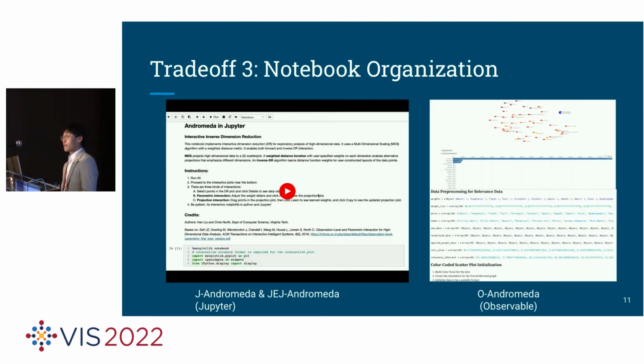The third trade-off is notebook organization. For Observable, notebook cells can be arranged in any order due to its reactive characteristics. However, in Jupyter, if a user wants to show the visualizations at the beginning of the notebook, non-trivial extra work is needed.